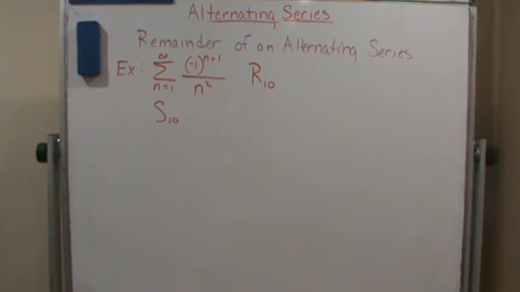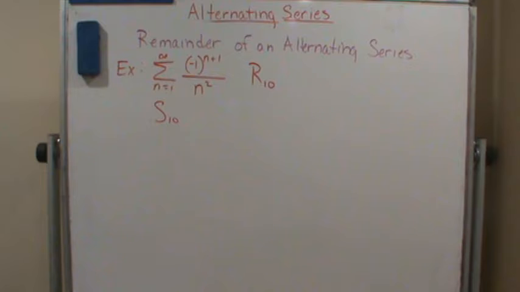So we're going to deal with the 10th partial sum. And so we want to use the remainder estimate to determine a bound on the error r sub 10.